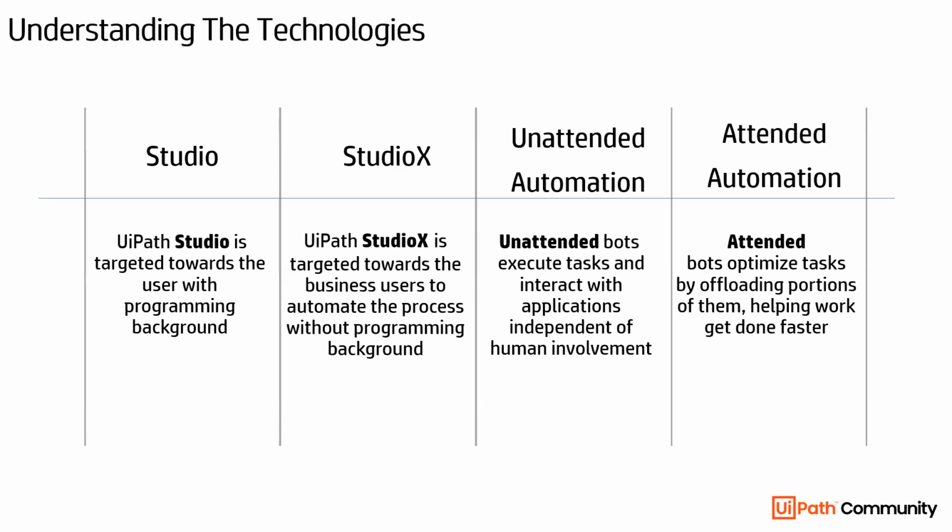But attended automation runs along with the user. As the name suggests, there is an attendee, or a human user, working along with the bot who is responsible for triggering the automation, and that's where it starts working. So that's where these terms come into the picture.